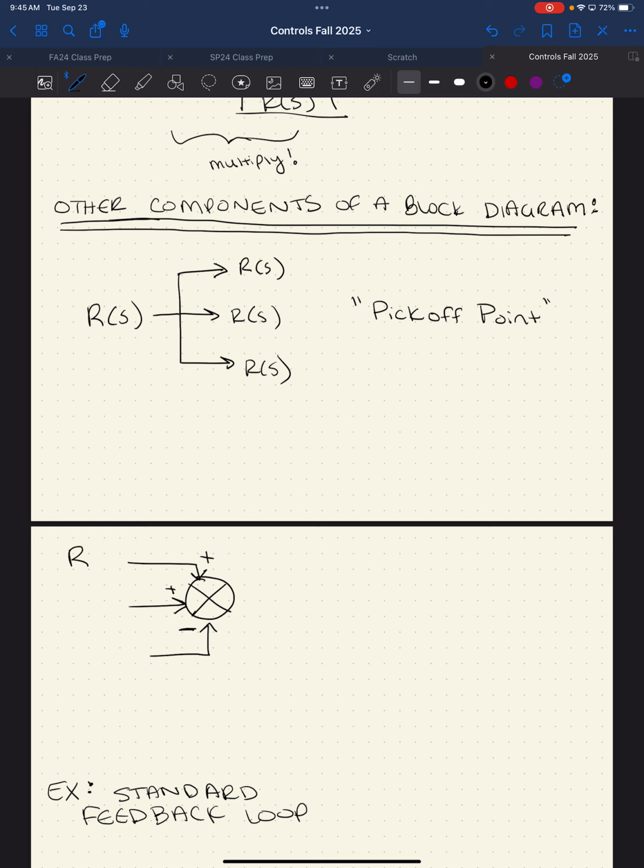So if I, for instance, have an input R1 of S, R2 of S, and R3 of S, my output of this summation junction is equal to what? 1 plus 2 minus 3. So R1 is positive, R2 is positive, and R3 is negative.